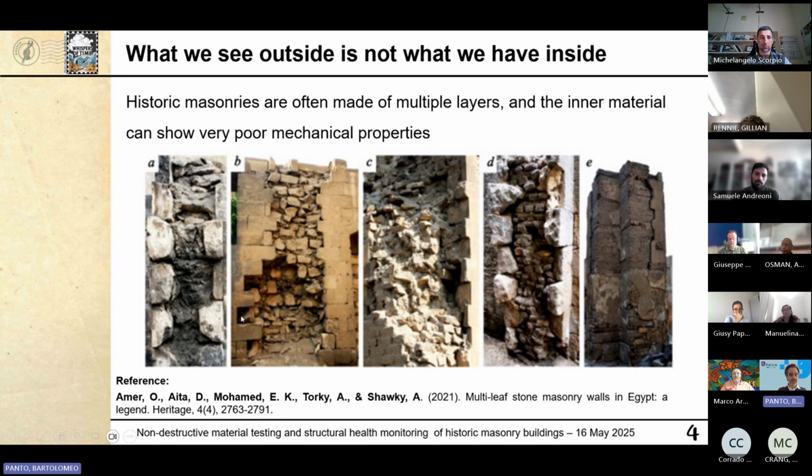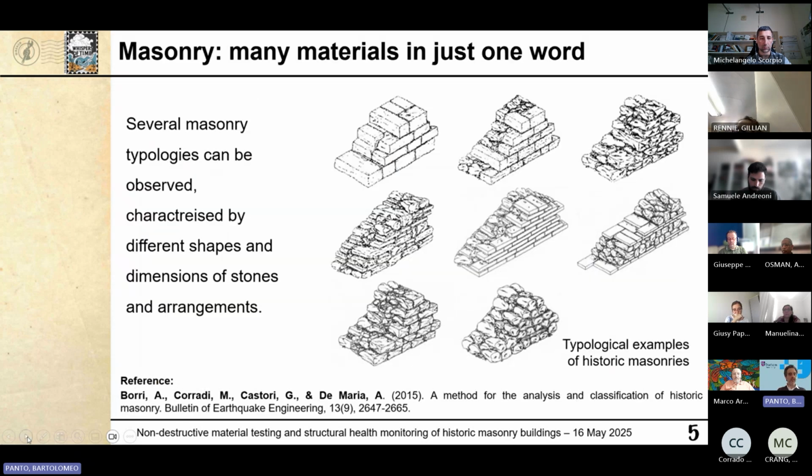This is very common on one side, but on the other side it puts a very big challenge on the table for the description of historic masonry. So as a result of this brief introduction, we can conclude that we can have a lot of masonry typologies.